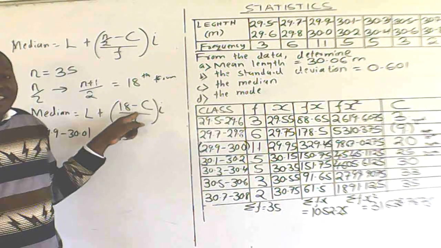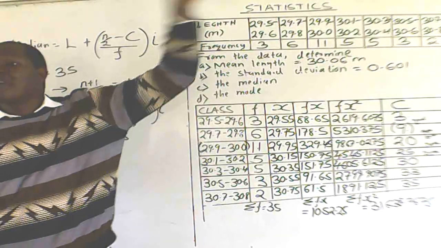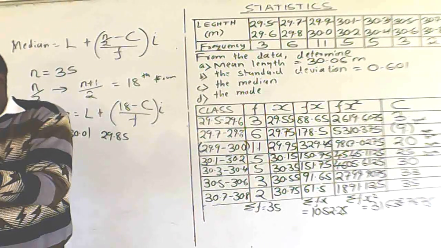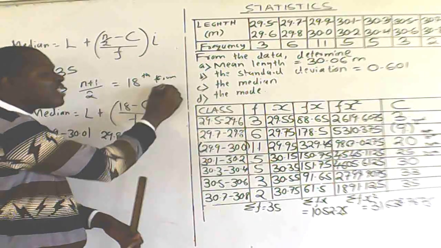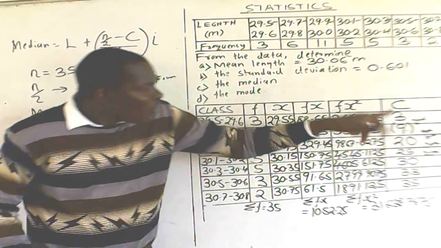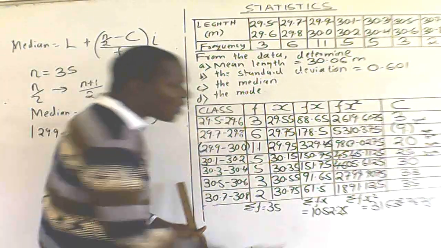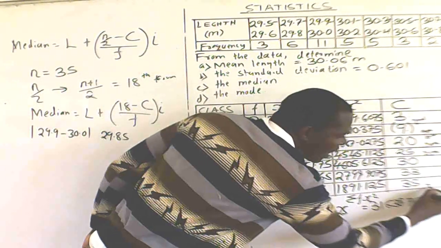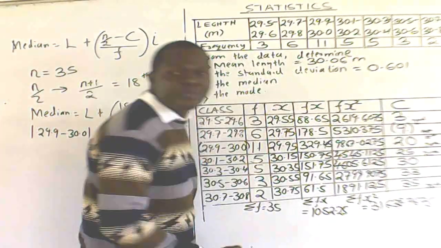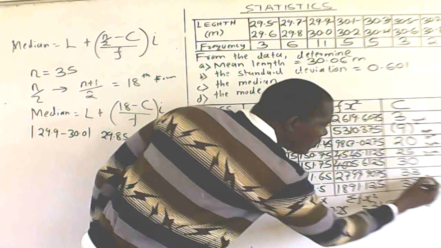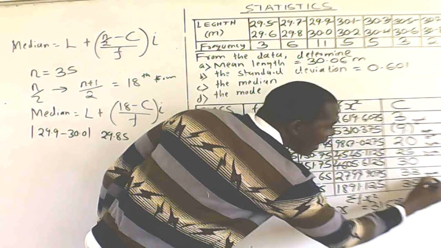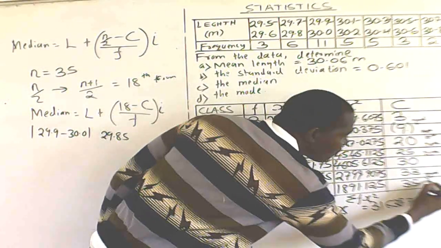Either C must be less than 18 for you to identify the C class, then the median class is below it. Apart from that, you know the median is the 18th term, so you go and see where the 18th term is along the C. Here the last time you counted was the 35th term, and the last time you counted here was the 33rd term, so here you started from the 34th term.